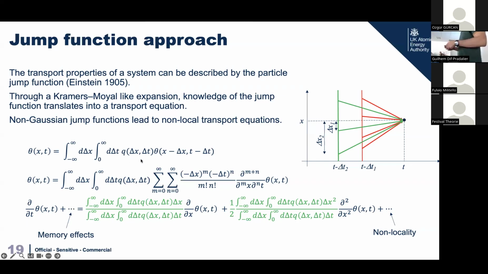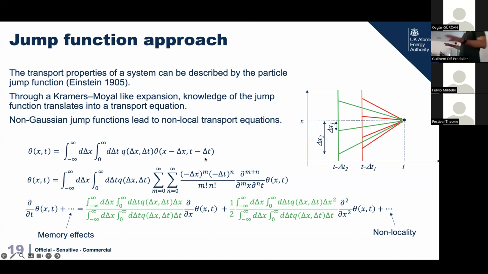That is telling me how likely it is, for example, that a particle jumps a certain distance in certain time. Having this, I can Taylor expand this function, but I don't need to assume that delta x and delta t, these jumps, are small.